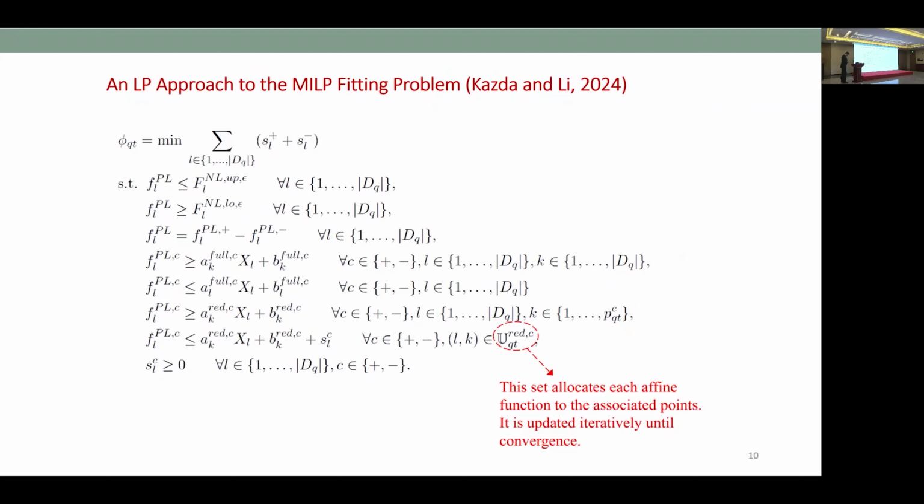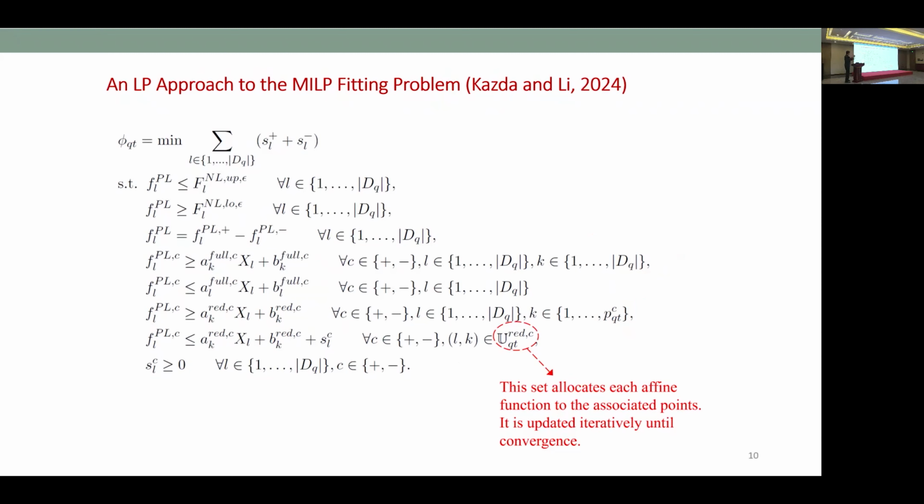Then we try this approach on different approximation problems, and we realize sometimes it works fine, but for more difficult problems, it's still not good enough. And the reason is we have many linear constraints, because the number of linear constraints is related to the number of data points in the sample set.